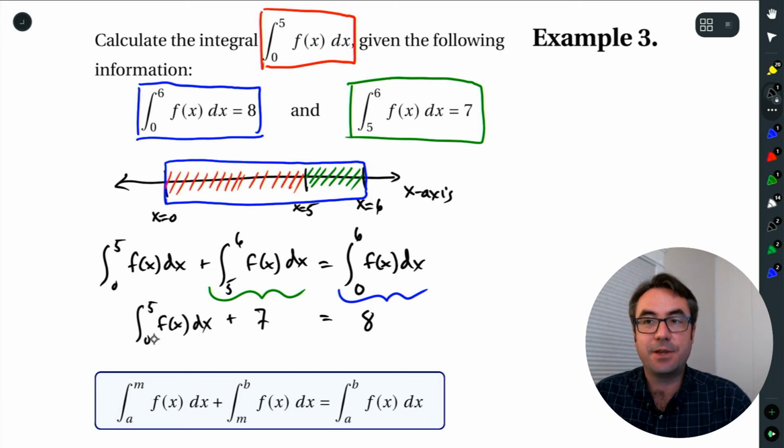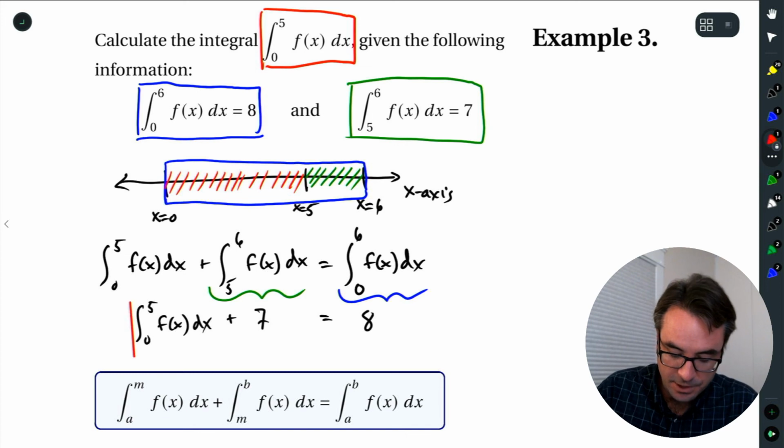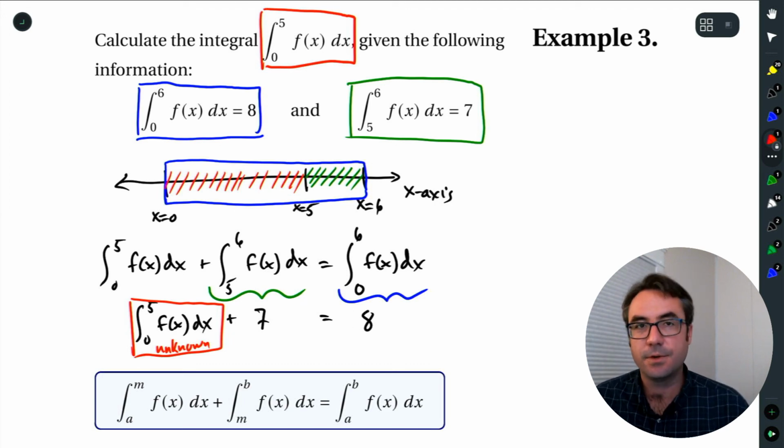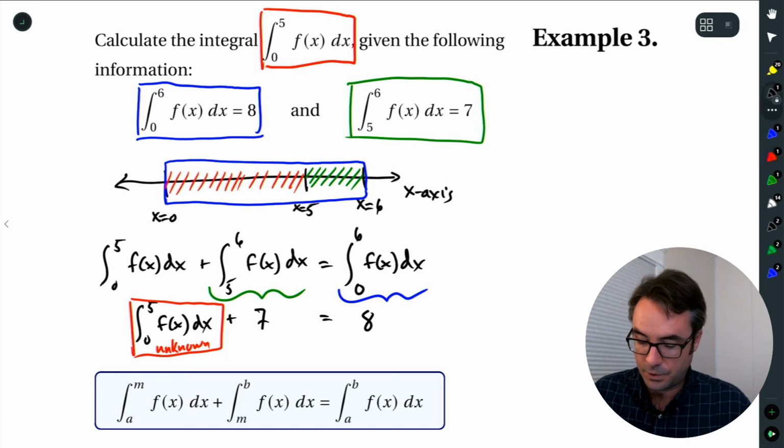And so we want to figure out what this unknown value is, so you solve for the unknown. We're solving for this entire definite integral. We don't know what it is. So how would you do this? If this was x plus 7 is equal to 8, what would you do? You would subtract 7 from both sides. That's what we're going to do here.